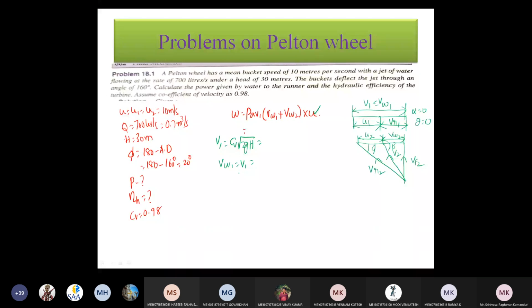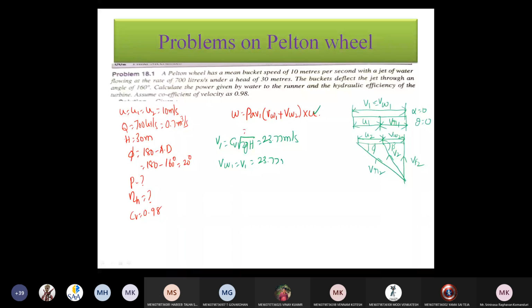Anybody? 23.77. Tell me along with the units. Yes, 23.77 meters per second. Majority of the people have given 23.77 meters per second. So VW1 is also the same.